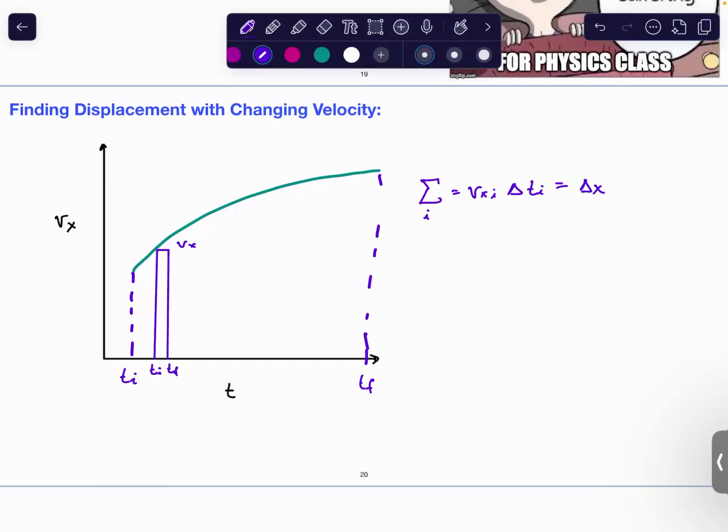So again, if you do a sum of all those little rectangles, you're going to get an approximation for your change of position.